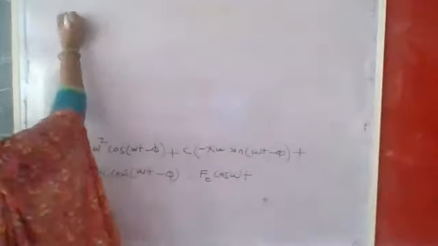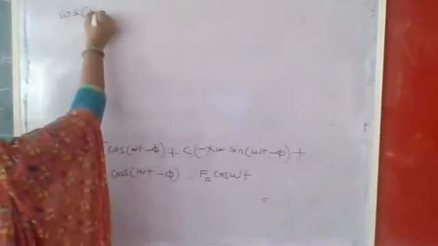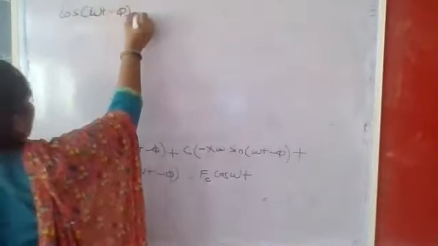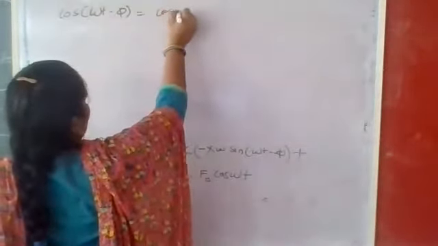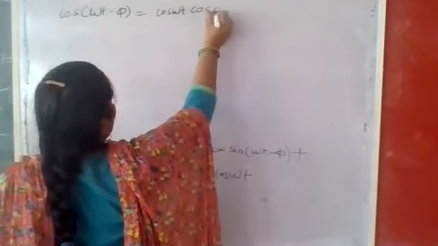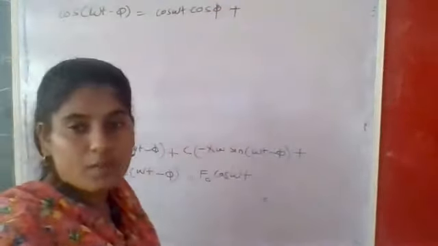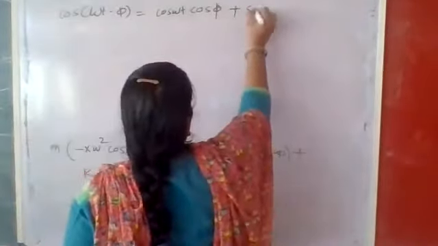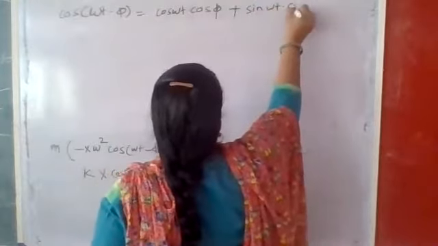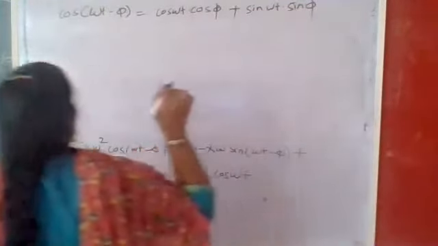What is the formula? I will write here the formula for cos of omega t minus phi. Cos a minus b is cos a cos b plus sin a sin b, that is cos omega t into cos phi plus sin omega t into sin phi.